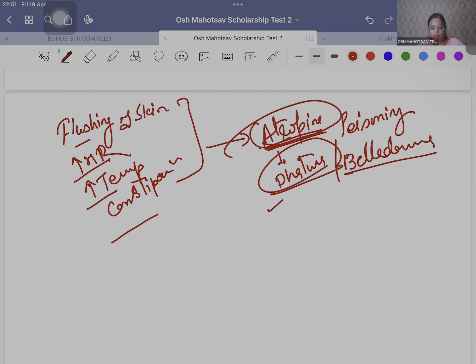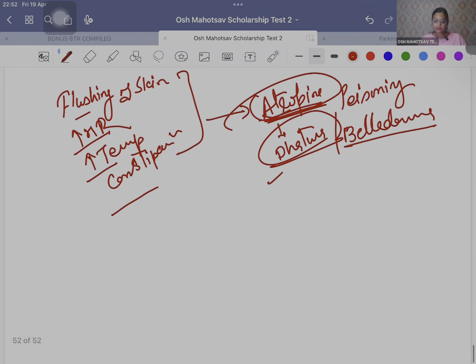If it were organophosphate, they would have to write pesticide; if mushrooms, they would have written mushroom. They just said they took some medicinal plant from this shop and consumed it, and after that these family members had flushing of skin, increased heart rate, increased temperature, and constipation. So the diagnosis will be atropine poisoning. For this treatment we will be giving physostigmine. Okay, so here we have finished all our questions.